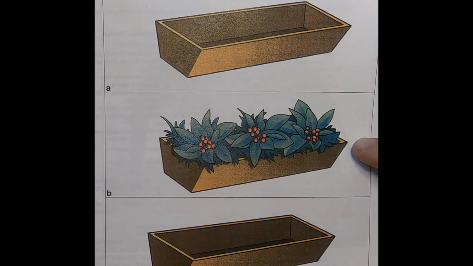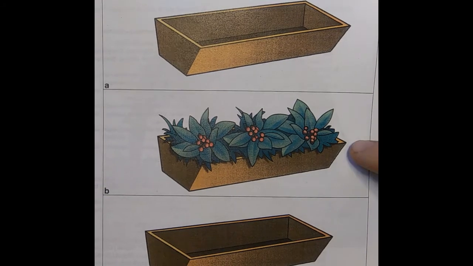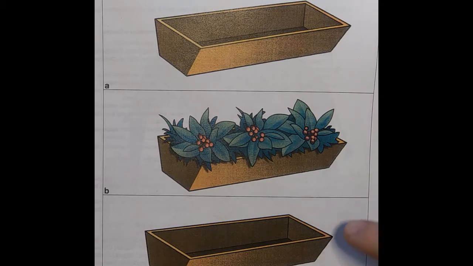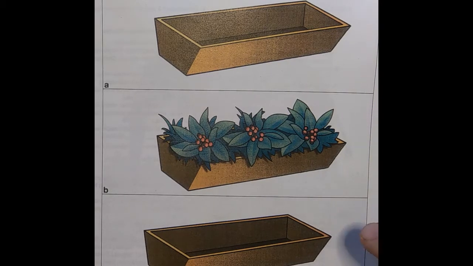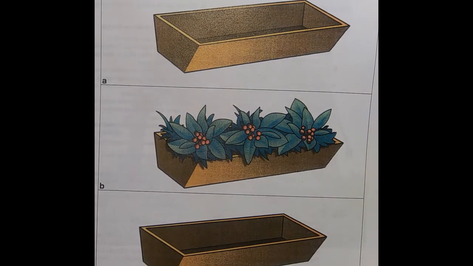Say the whole sentence about this box. This box is full. About this box. Say the whole sentence about this box. This box is empty. Good.